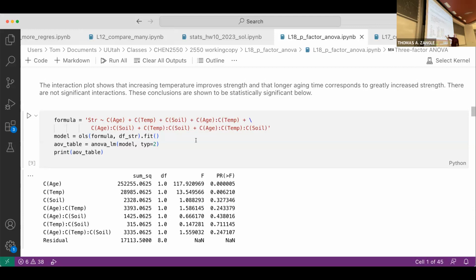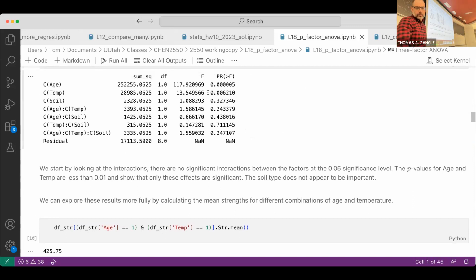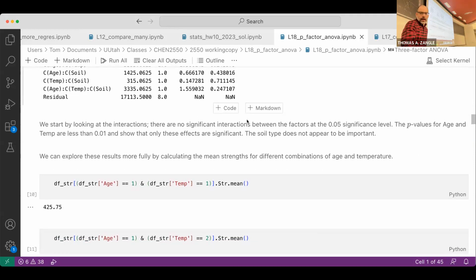And it's also showing us that for the soil condition, there's no evidence of it impacting what our final result is. The only significant results would be for age and temperature, right? So we can see there's no significance at the 0.05 significance level, and it looks like it's really just those two, age and temperature.